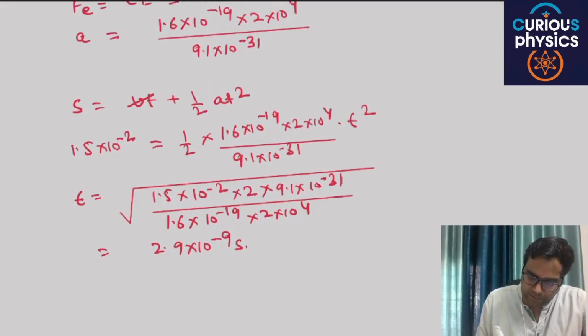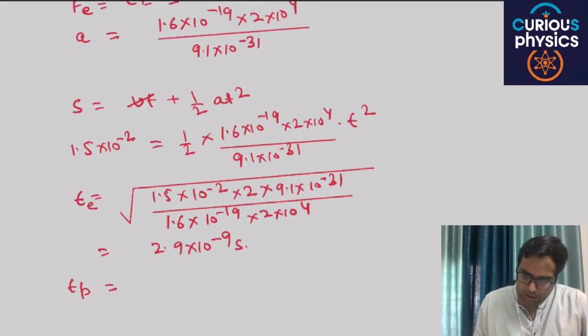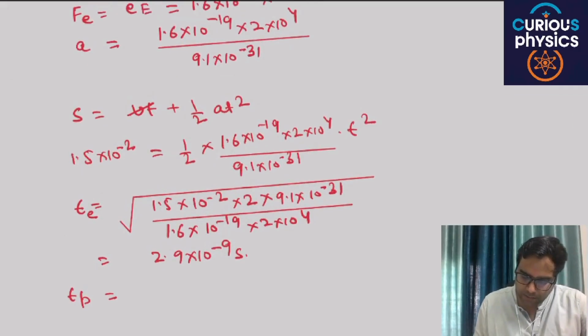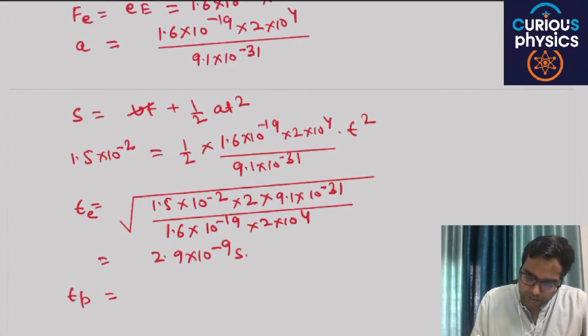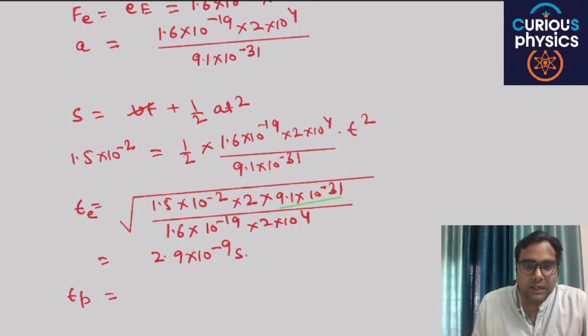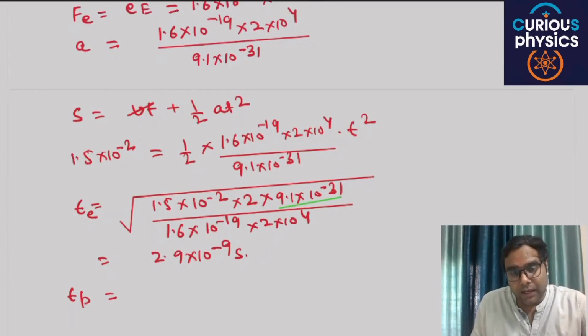In the same way, for the time of fall of the proton, everything will be the same, but in place of 9.1 into 10 raised to power minus 31, you have to write the mass of the proton, which is 1.67 into 10 raised to power minus 27.